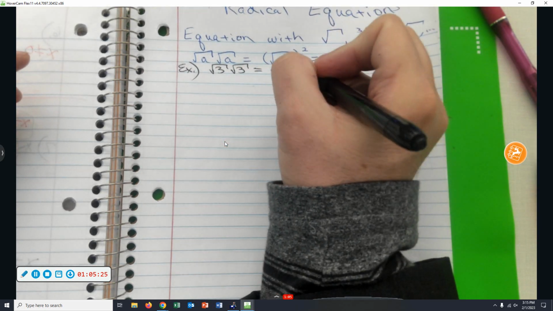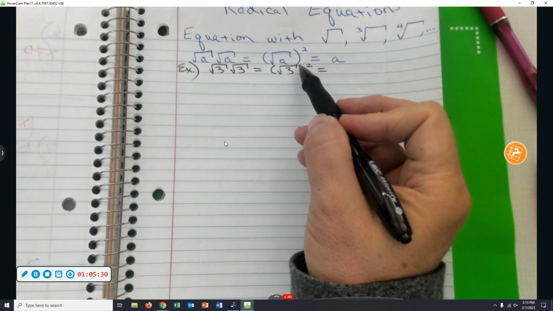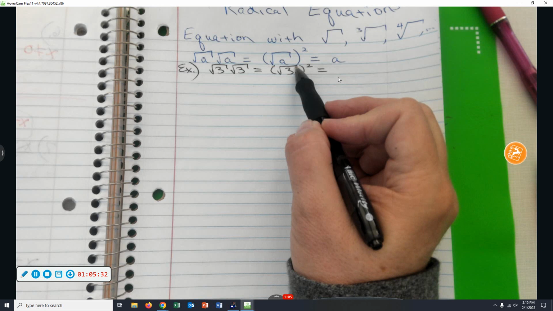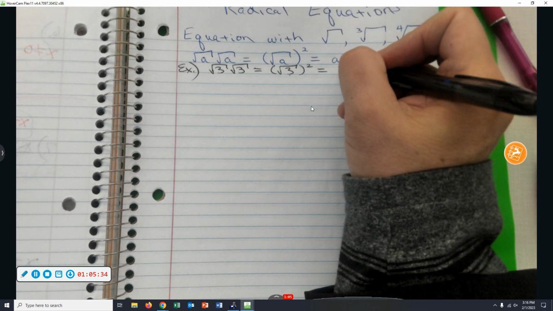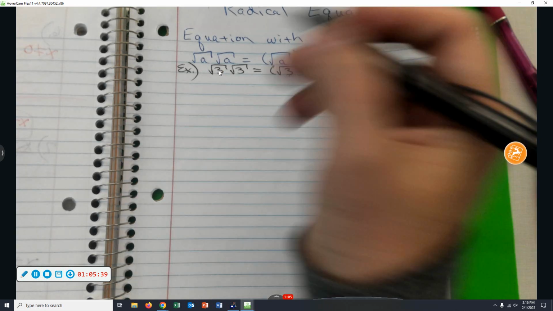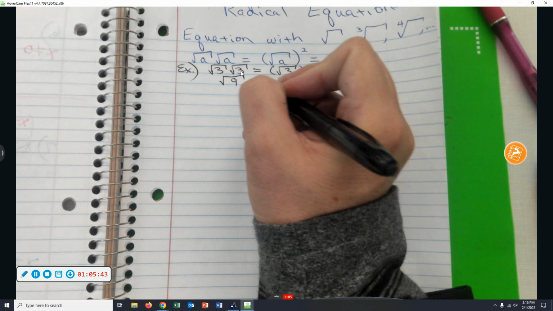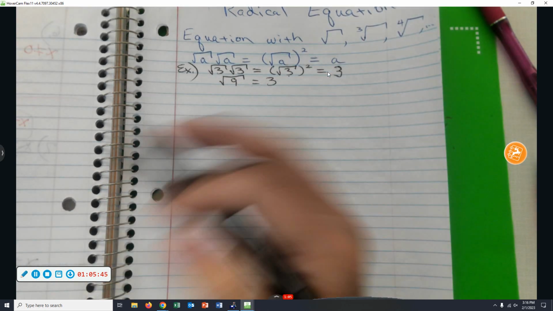We said that's the same as the square root of 3 squared, and that square just undoes the square root, leaving us with just a 3. On that day we said the 3 times 3 is 9, and the square root of 9 is 3.